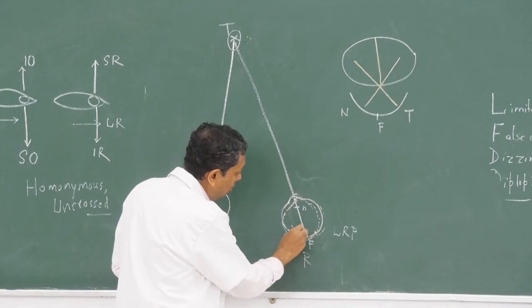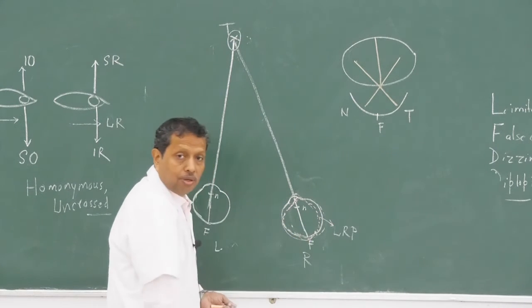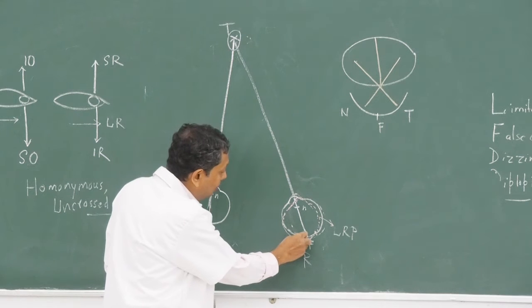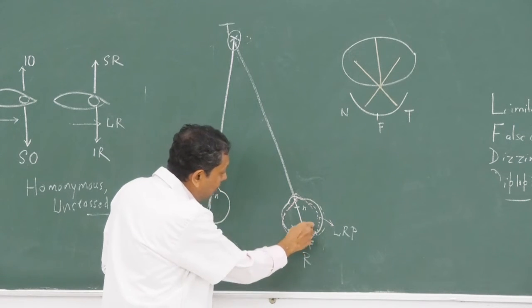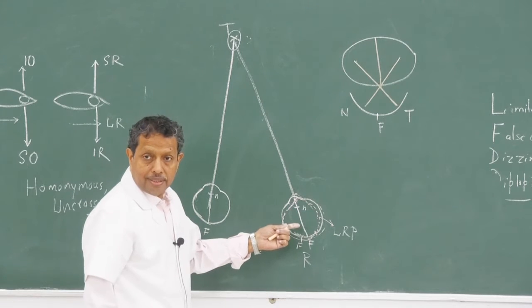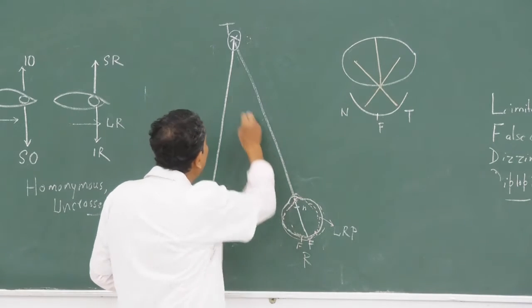Lateral rectus is pulling in this way, so the false image is in the opposite side, in the temporal side. So the false image will be reflected to this.